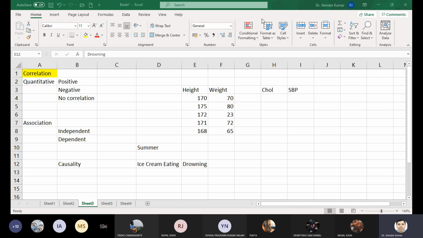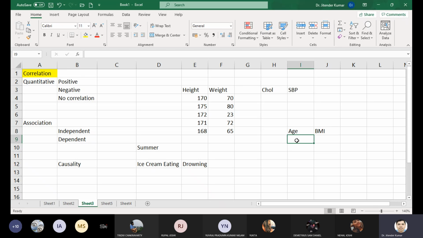Okay, so what do you mean by linear relationship? If one increases, the other also increases. To explain this linear relationship, let us take the example of age and BMI. If you want to study the relationship between age and BMI, you can have different scenarios.